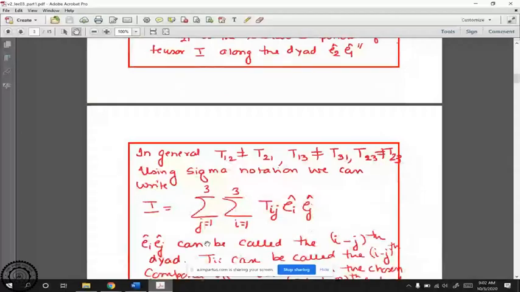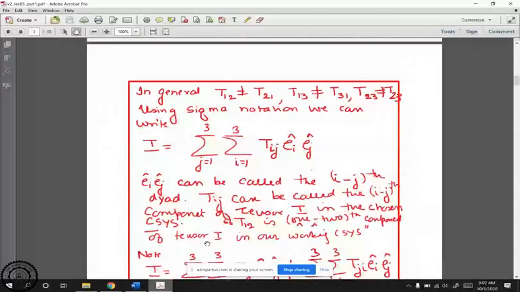In general, T12 and T21, T13 and T31, T23 and T32 are different. There are some special tensors for which these will be equal, but that is a special case. In general, these are different.